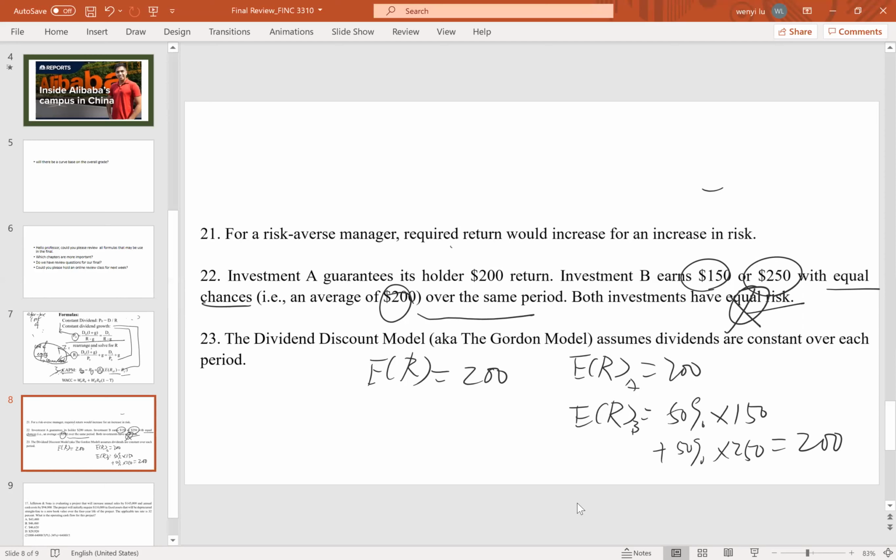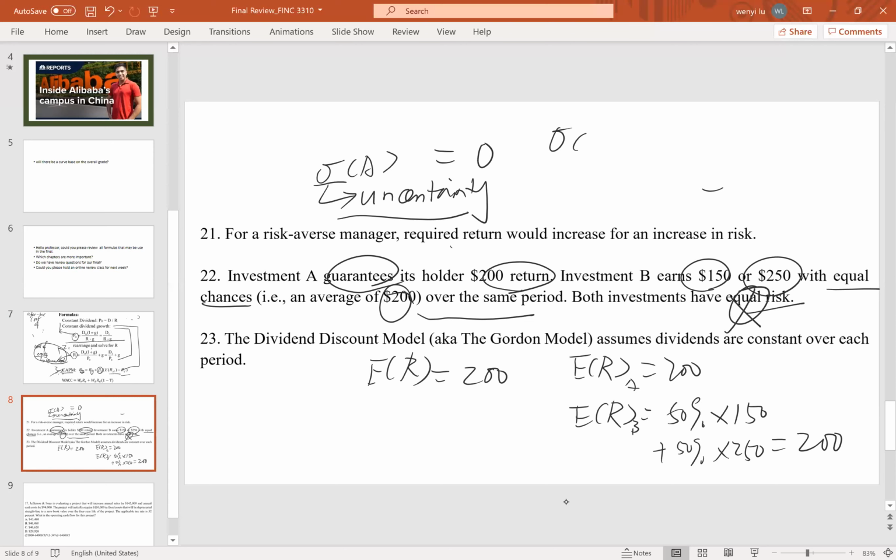Now let's see the risk for A. How to measure risk? Risk means uncertainty. For A, you are guaranteed this return, so the risk will be 0. There are no uncertainties for A. But for B, what's the risk?